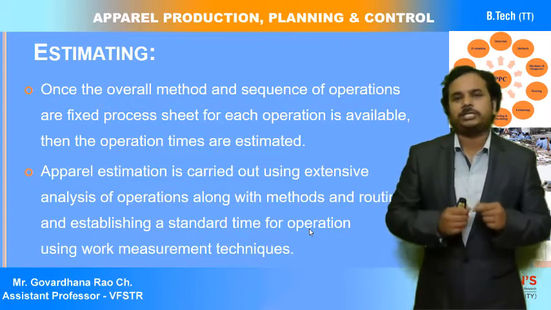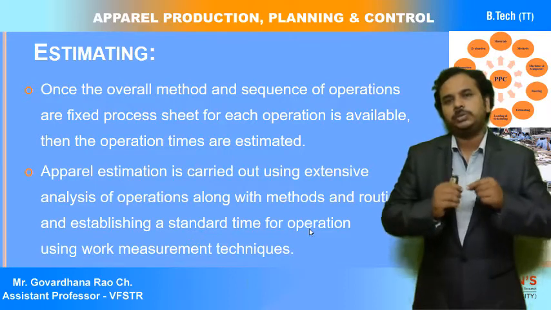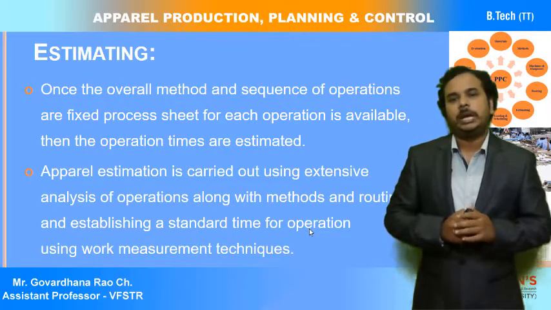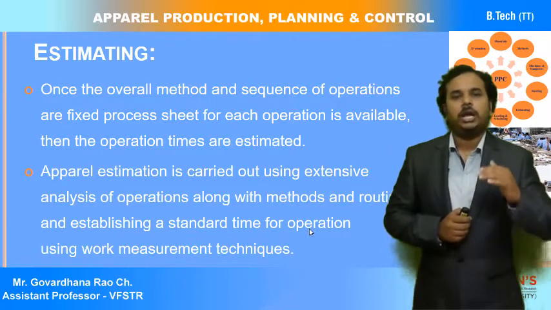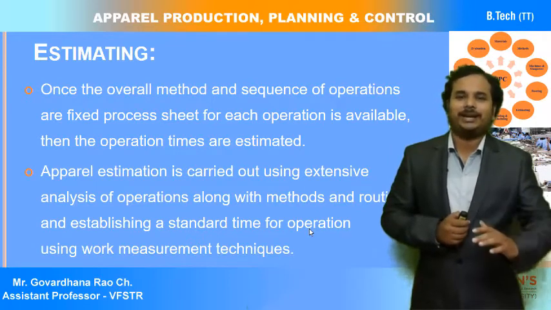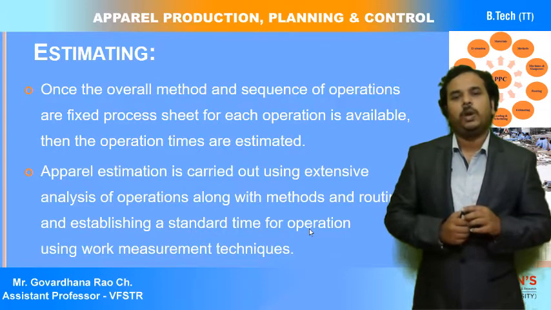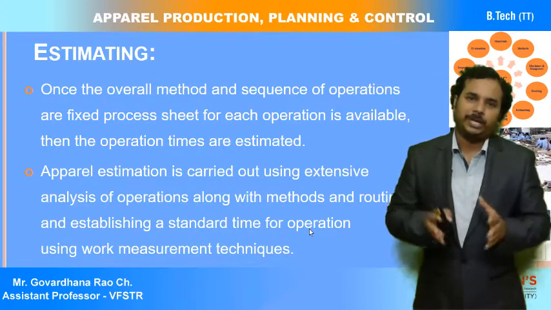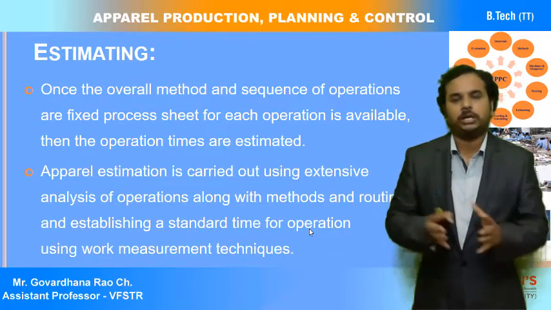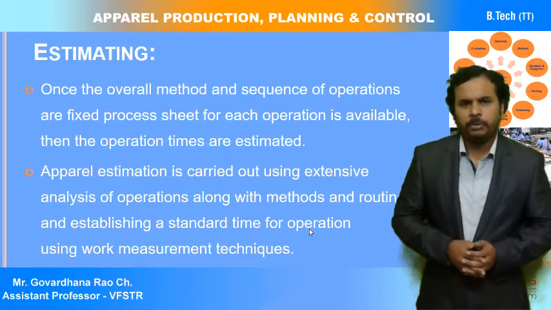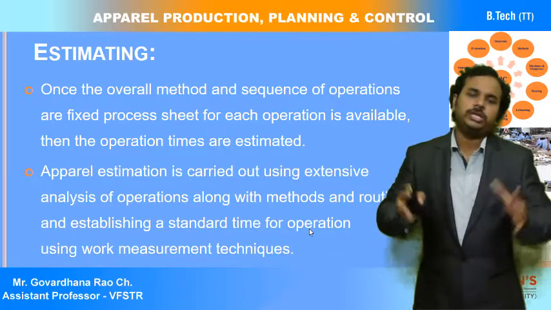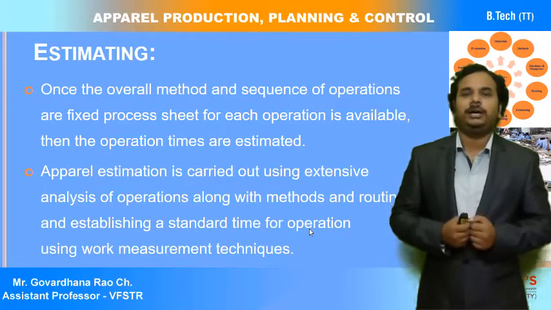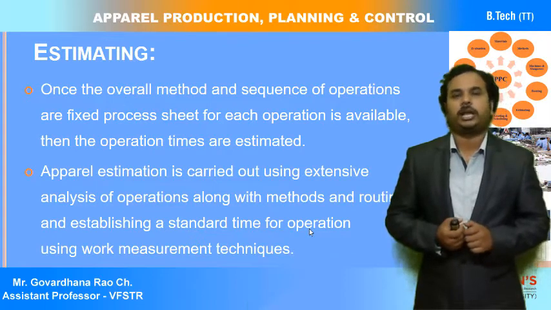Apparel estimation is carried out using extensive analysis of operations along with methods and routing, and establishing a standard time for the operation using work measurement techniques. There are method analysis as well as work measurement techniques.